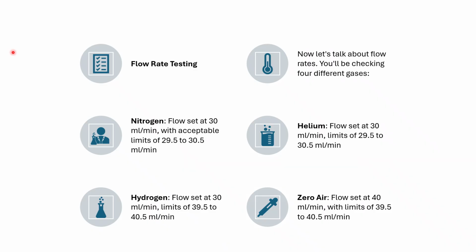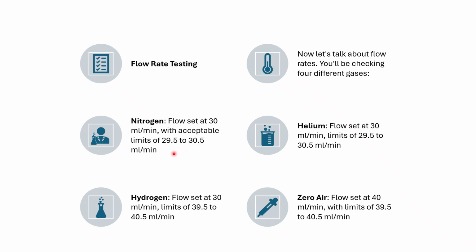Now let's talk about flow rates. You'll be checking 4 different gases: nitrogen, helium, hydrogen, zero air. So if you have set your flow at 30 ml per minute, the acceptable limit would be plus minus 0.5 ml per minute.